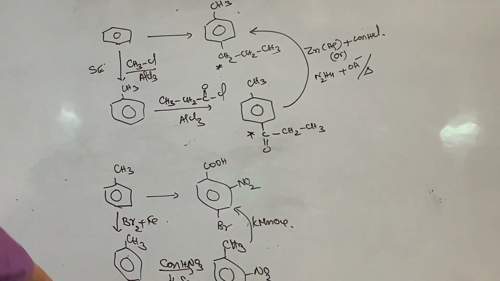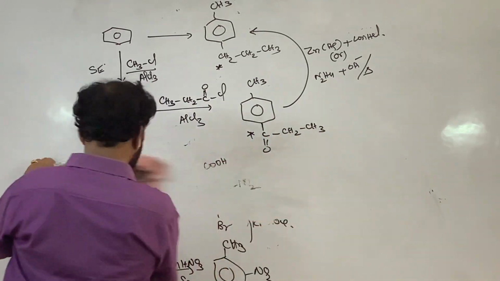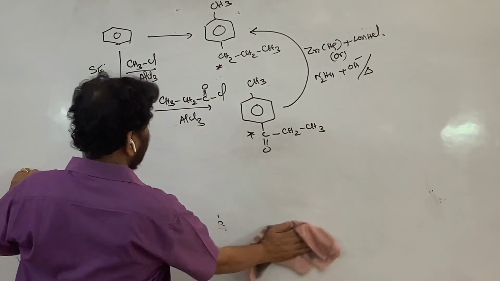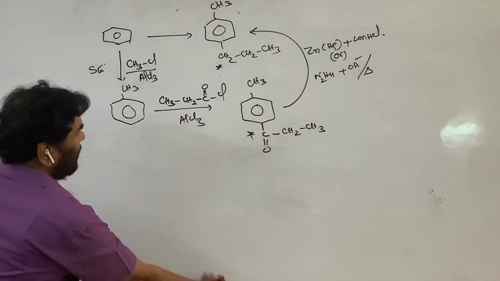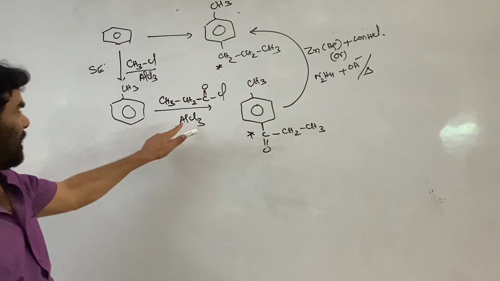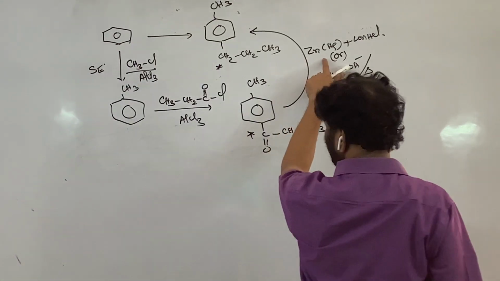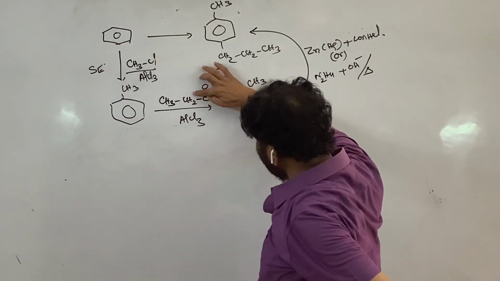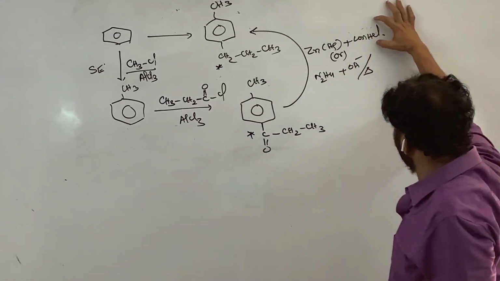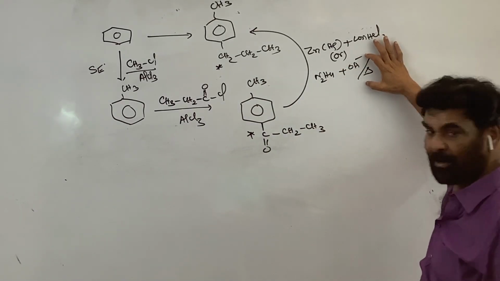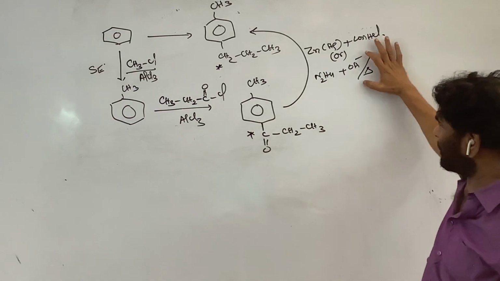For alkylation, acylation: this is the Friedel-Crafts alkylation, Friedel-Crafts acylation, this is the Clemmensen reduction, this is the Wolff-Kishner reduction.